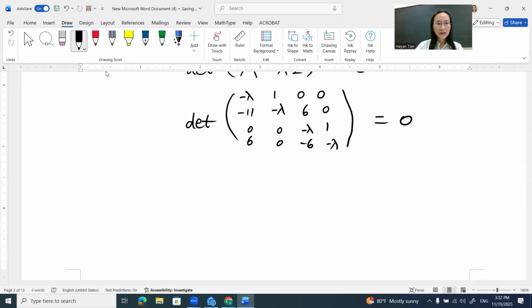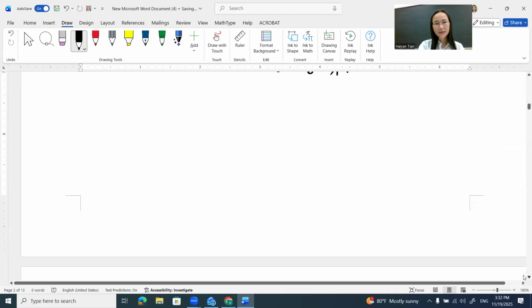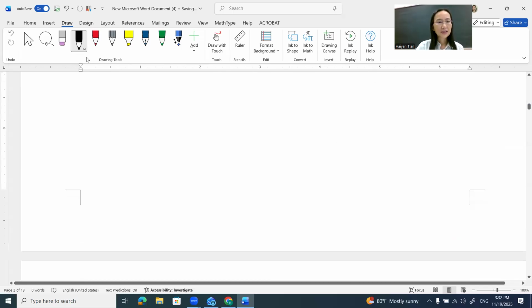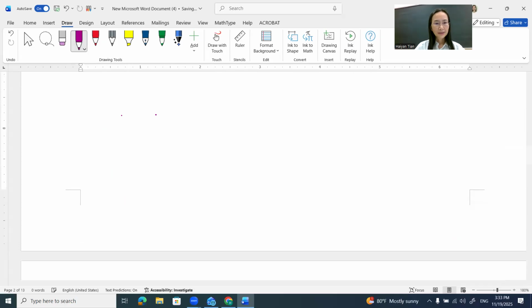So let's say if we have found some eigenvalues and eigenvectors, then we can continue to the representation of the system. So here is an eigenvalue.